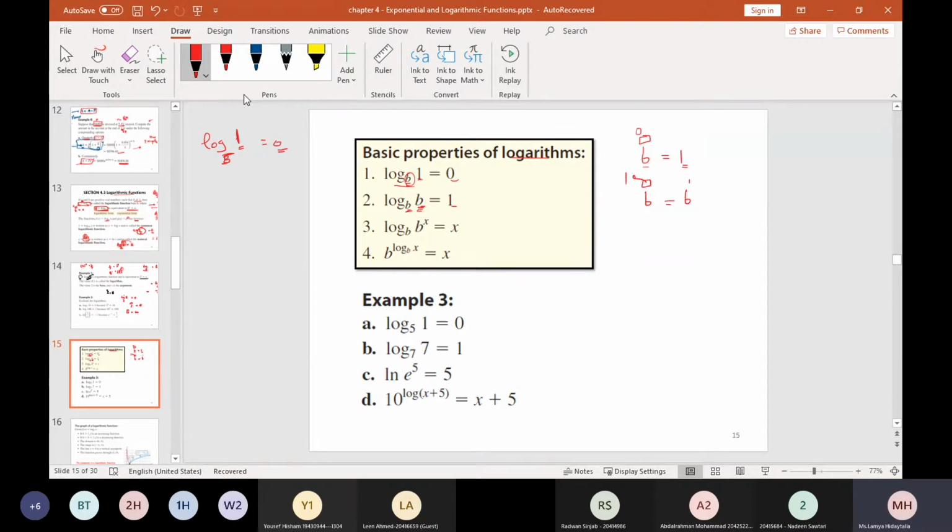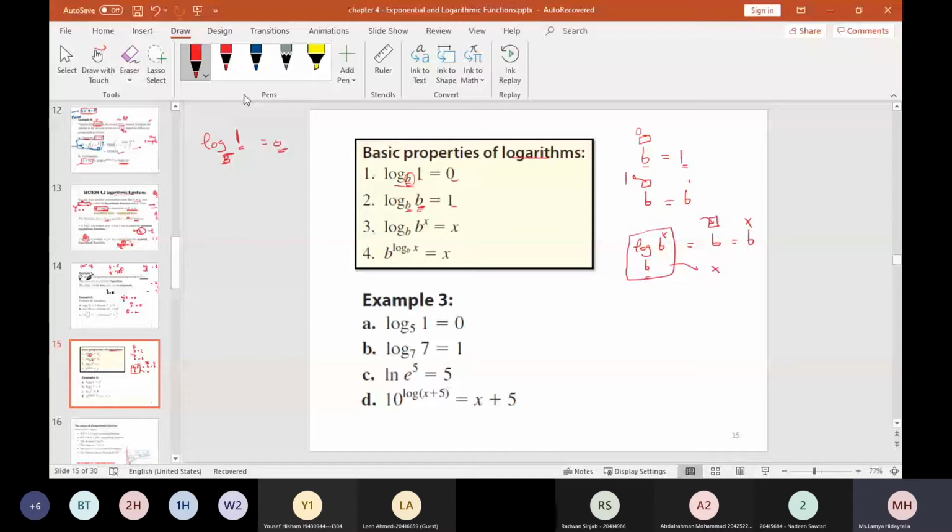Now this one, logarithm b to the power x to the base b. What is this? This is b, the base, to what power is equal to b to the power x? So what is the result? What should I put here? x, right? So logarithm b to the power x to the base b should equal x.